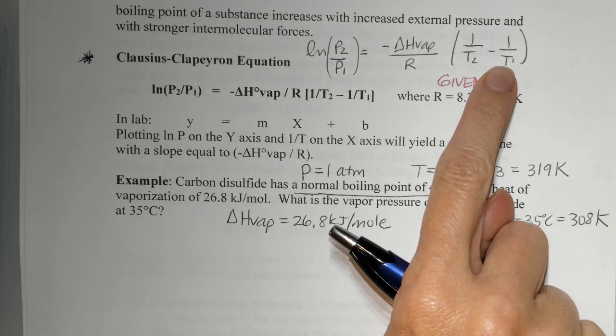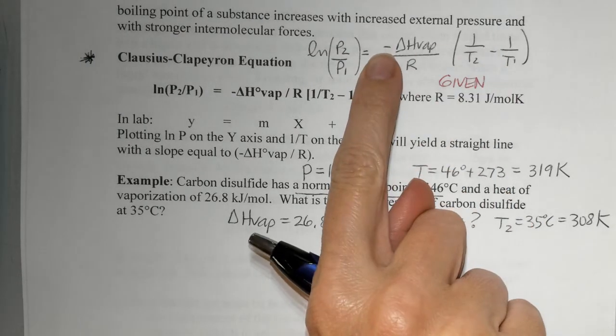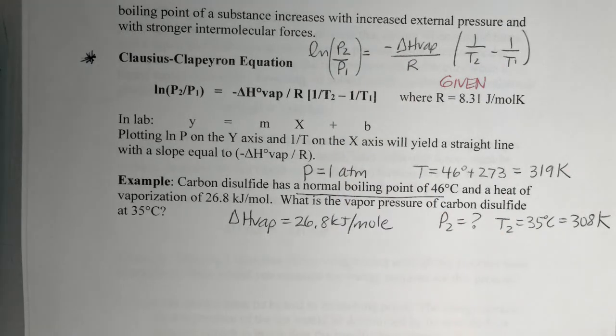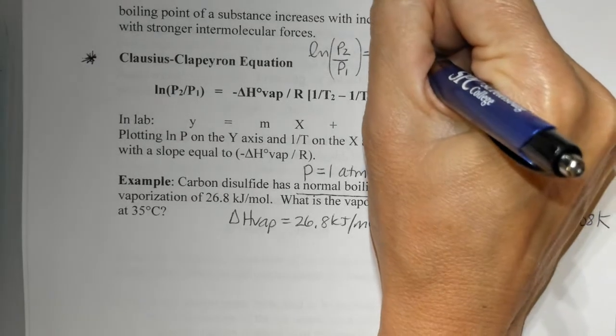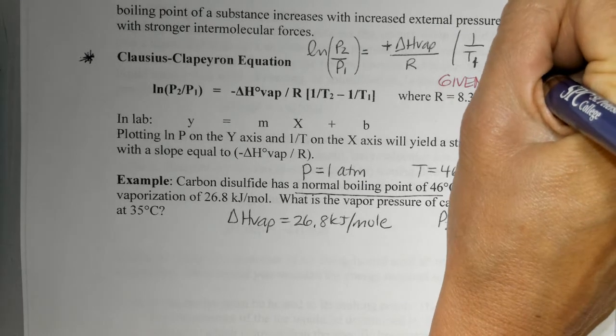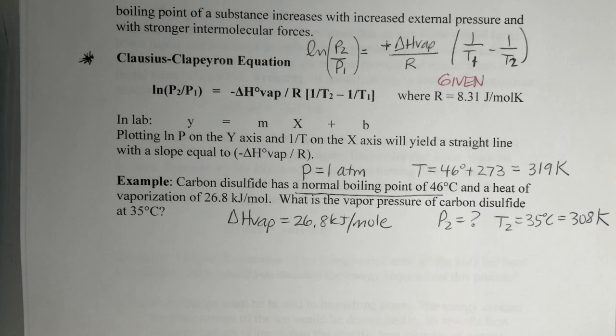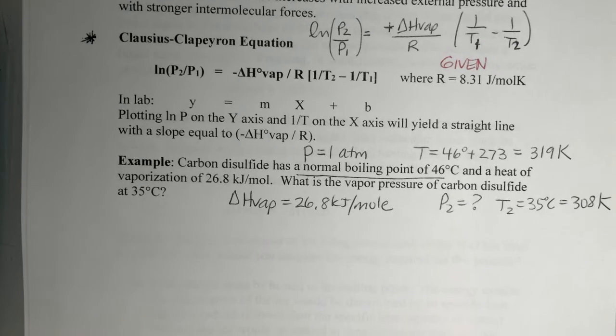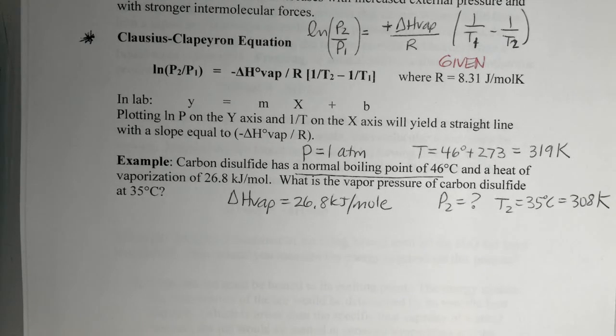So if you do it that way, you don't have to worry about the negative, which is why I always did it that way. The formula will be given, so you can just follow the formula. If I flip this, I go inverse of T1 minus inverse of T2, because in my experience it was always easy to misplace a negative by mistake.